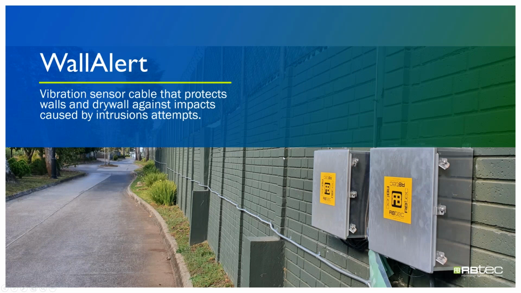So the third system, again, the Wall Alert. A Wall Alert is the sister of the other products to detect penetration and intrusion through a wall or a ceiling or a floor.